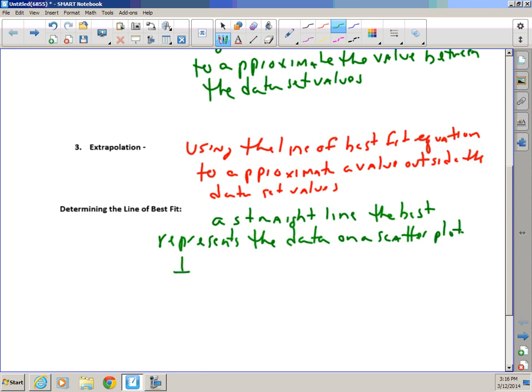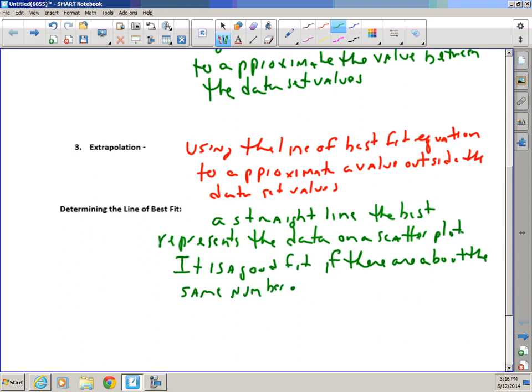It is a good fit if there are about the same number of data points above and below the line.